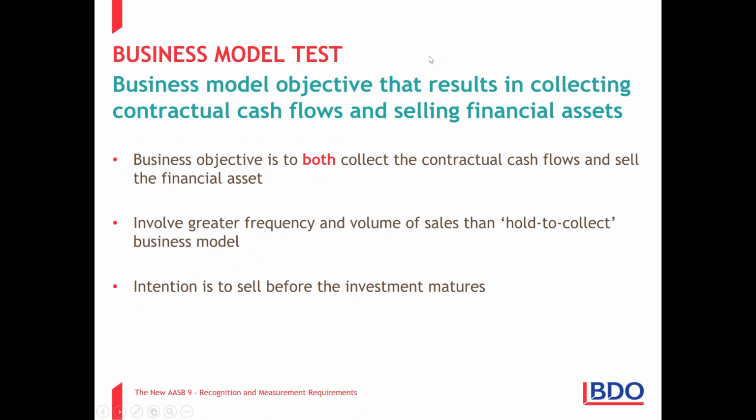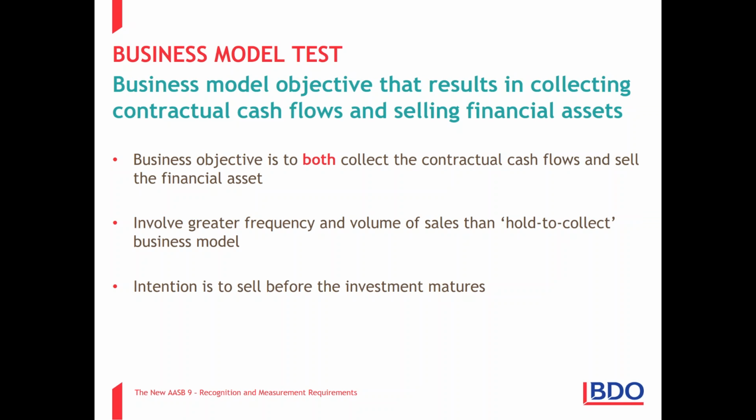If you look at the other business model, this is where I'm waiting for contractual cash flows to get principal and interest, but if an opportunity arises, I could sell it. So it's a bit of both. In this category, there could be greater frequency and volume of sales than in your hold to collect business model.